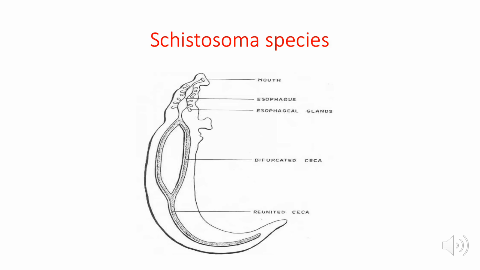That's why you have there the portion of the intestine that is labeled as reunited intestine or reunited ceca. Again, in the typical trematodes, they have inverted Y-shaped intestines. In Schistosoma, their intestines will bifurcate but will later fuse or reunite at the distal portion of the worm.